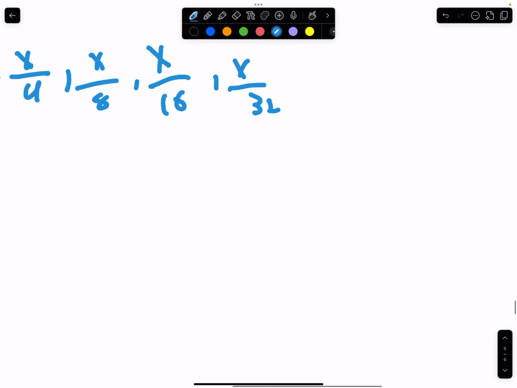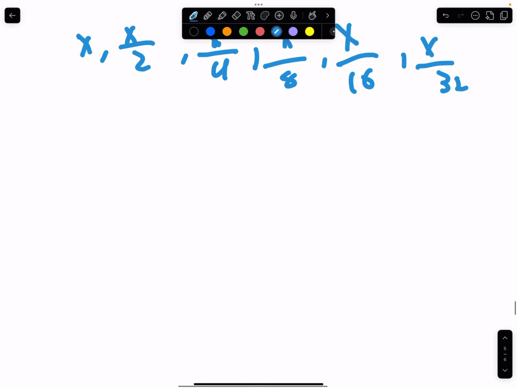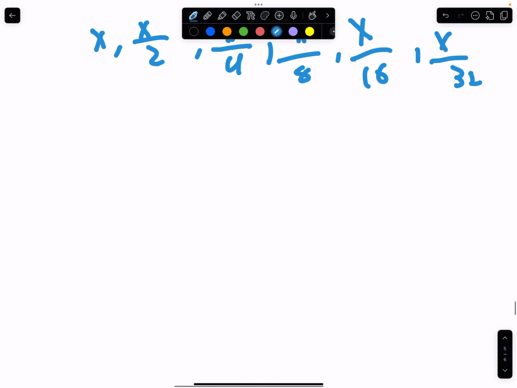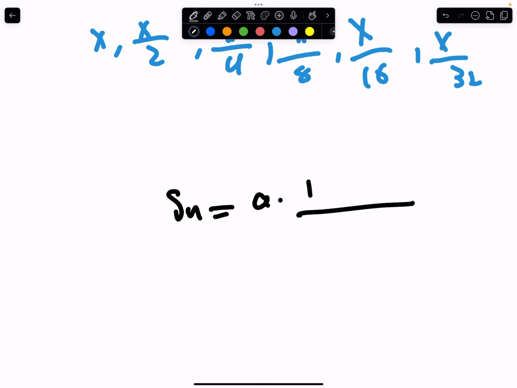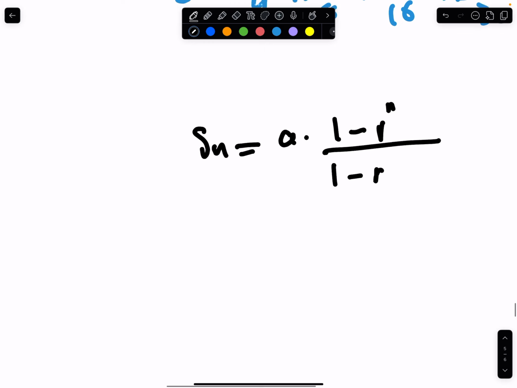However, for the finite geometric series, we use the formula Sn equals a times 1 minus r^n over 1 minus r. a is equal to x, r is equal to half, and n, which is the number of years, is equal to 6.